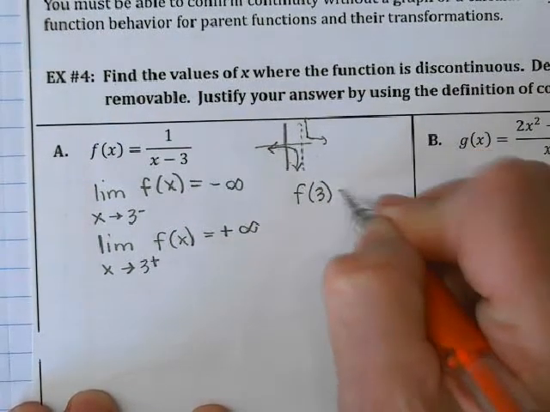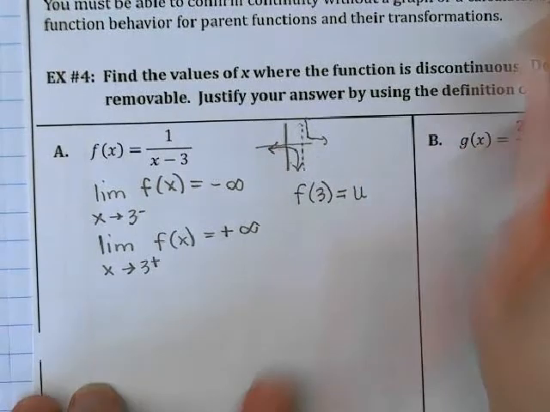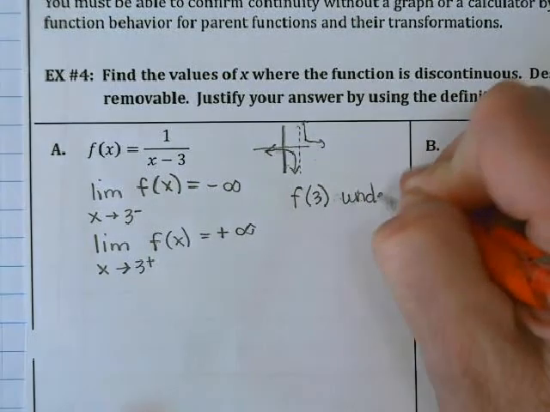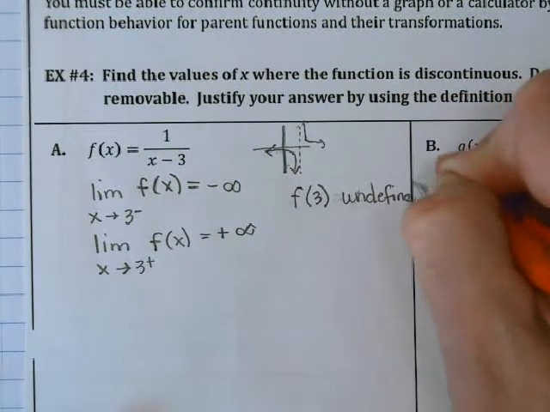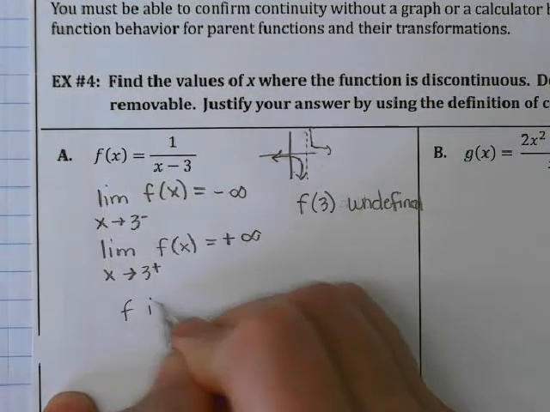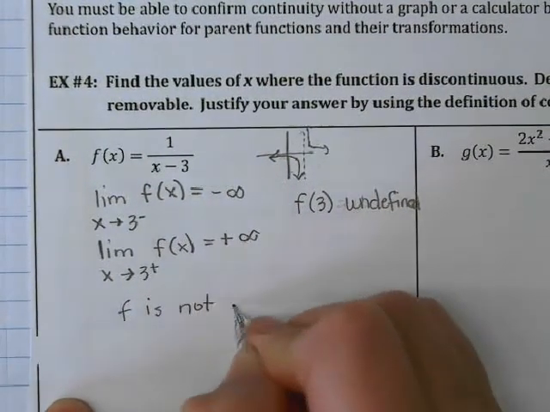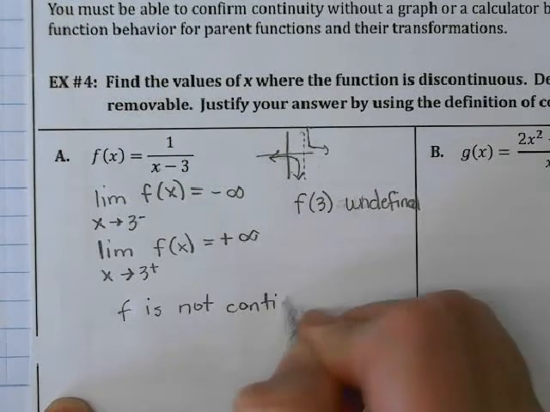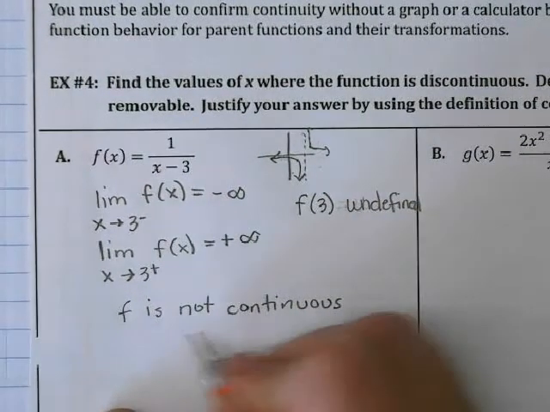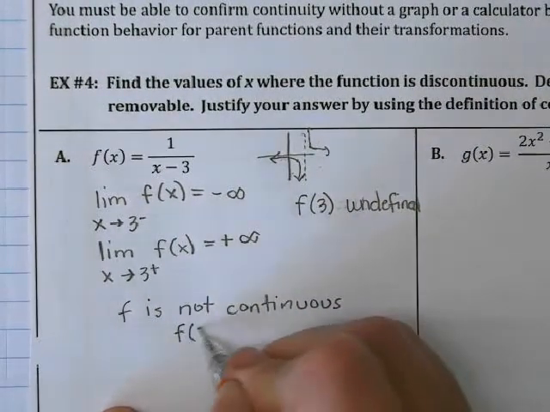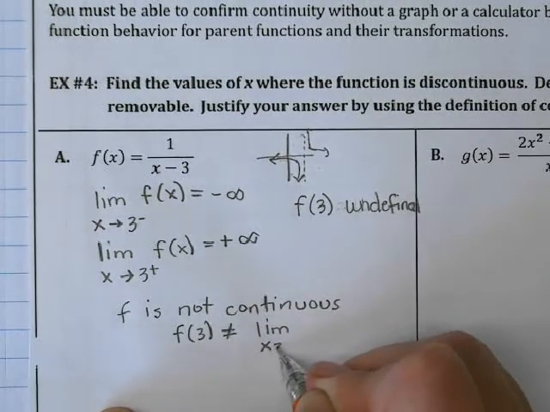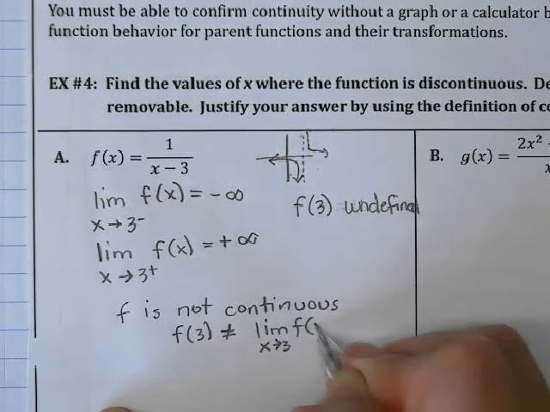And we know that f of 3 is undefined. Okay, so f is not continuous, and the reason is that f of 3 does not equal the limit as x approaches 3.